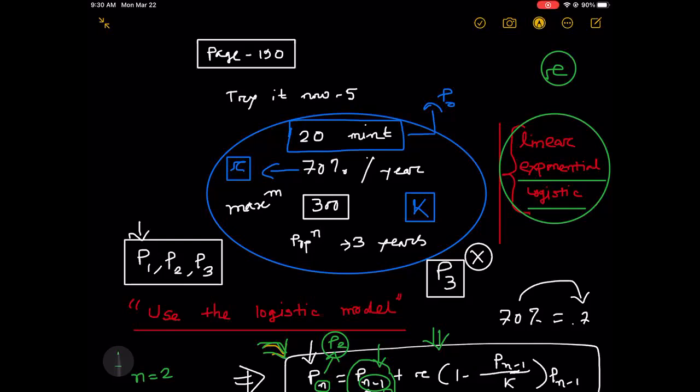You have R in the logistic model as well, right? What should you do? Anyone? One thing you can eyeball is the carrying capacity, K. If the carrying capacity is given, then it's logistic. Otherwise, you can say it's exponential, right?